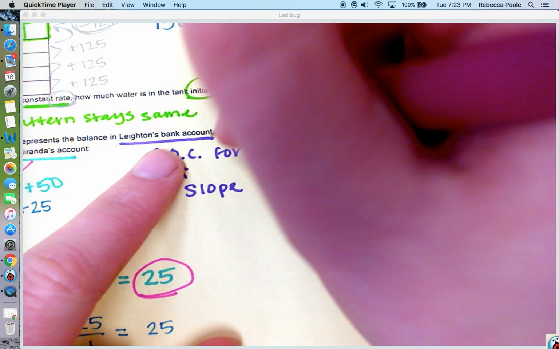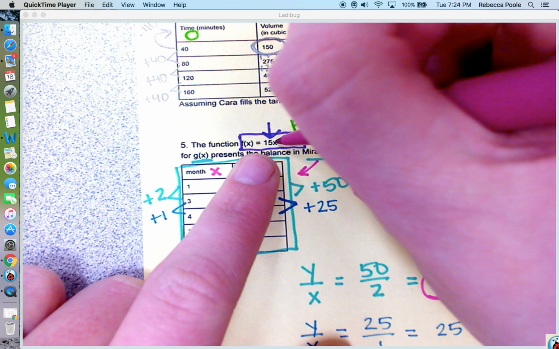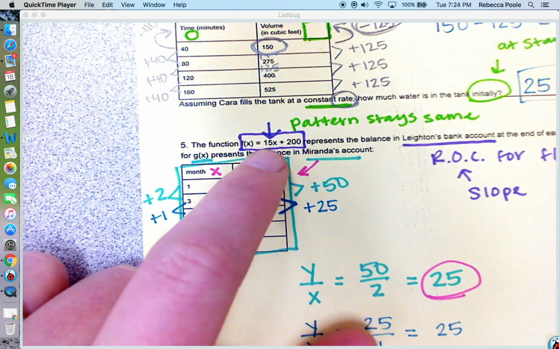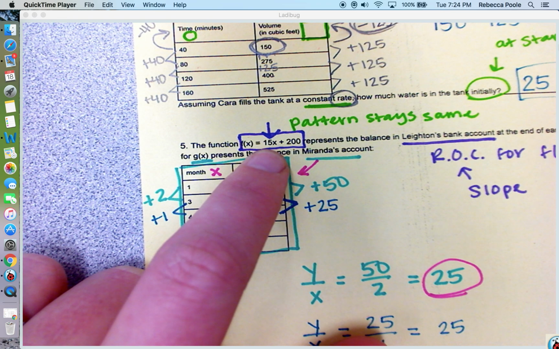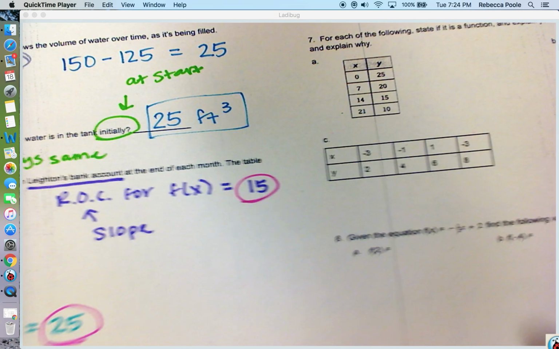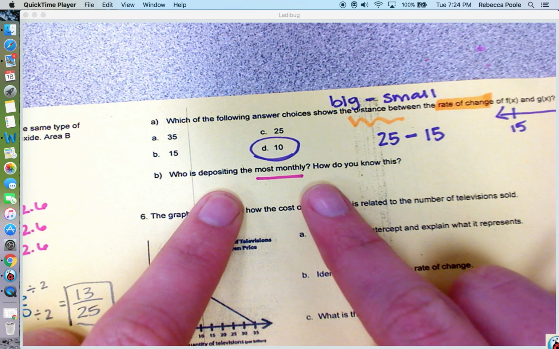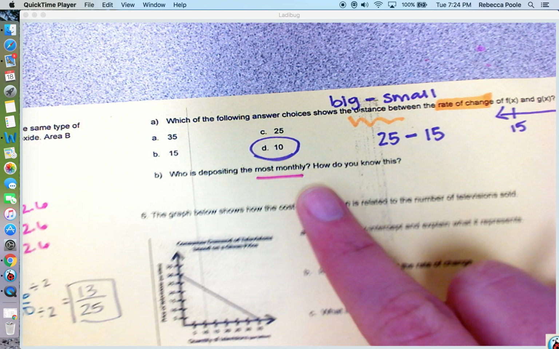For Leighton's bank account, we're going up by 15, because if you look, the X is the months. Each month is going up $15 because it's a positive 15. Which one is greater, going up by 15 a month or up by 25? 25.